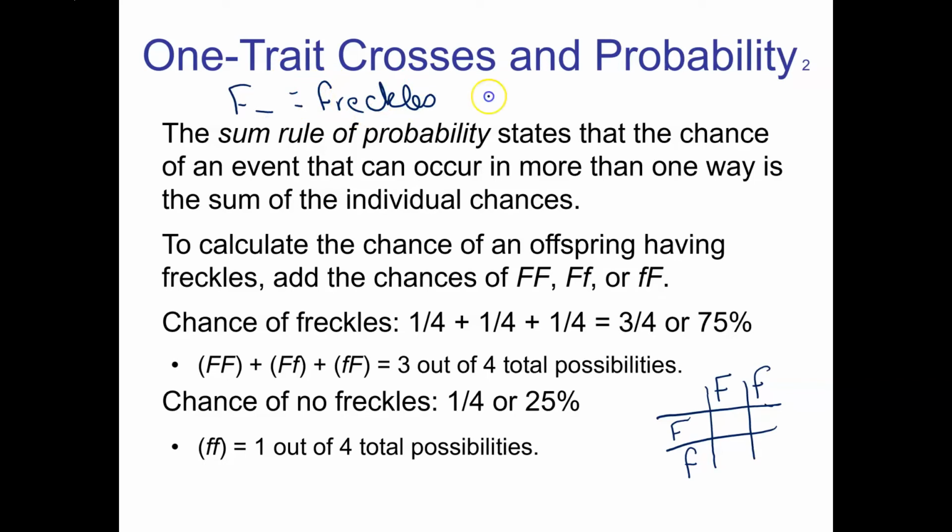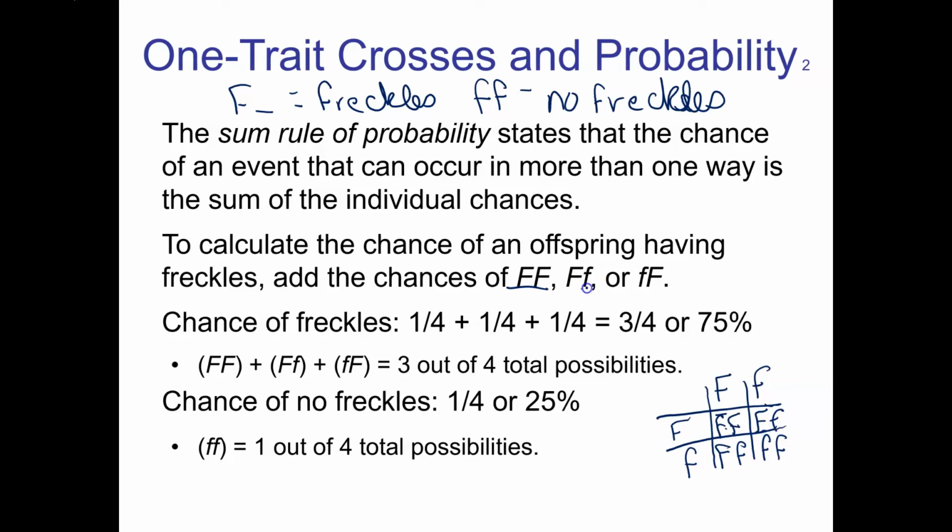The only way you get no freckles is to have 2 little f's. So you can have a big F here, a big F, little f, and then a little f. If you have a big F like this, you're going to have freckles.